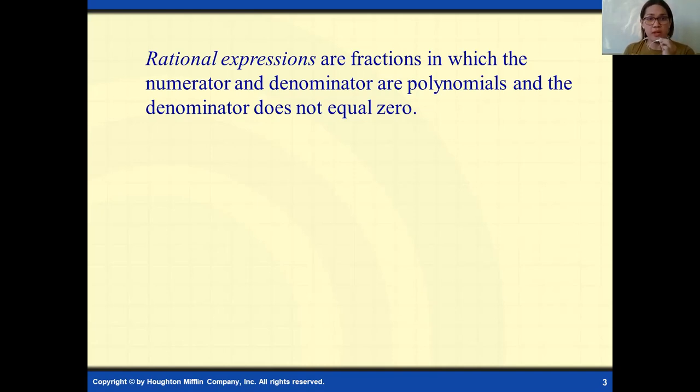In short, rational expressions are the same as fractions because they can be written in the form A over B, where the numerator and denominator are both polynomials. And of course, since it's a fractional form, the denominator must not be equal to zero, or else the rational expression will become undefined. Very easy, right? So let's have an example.